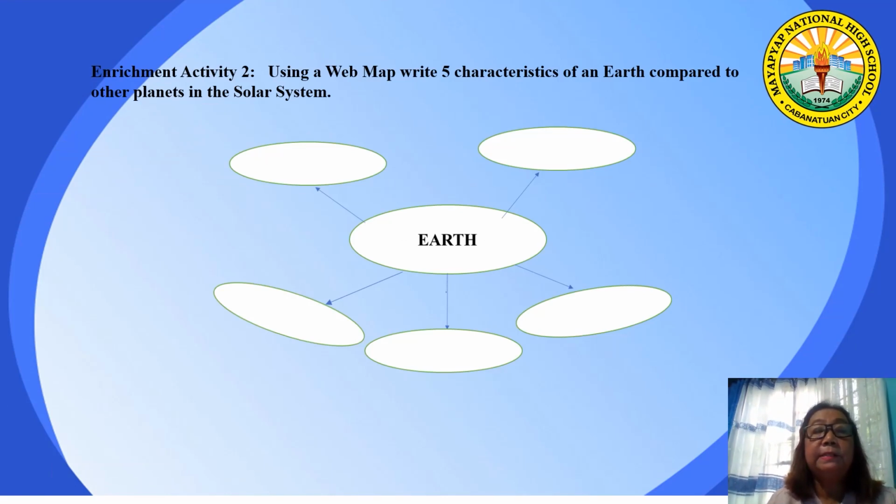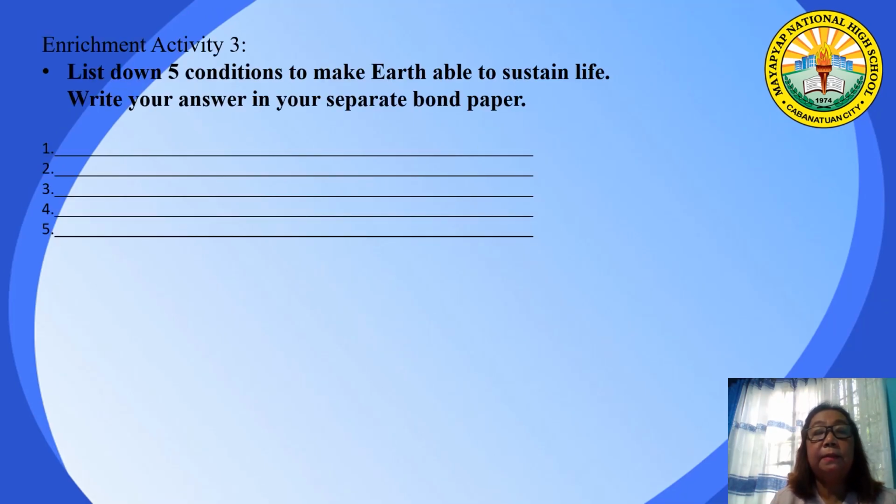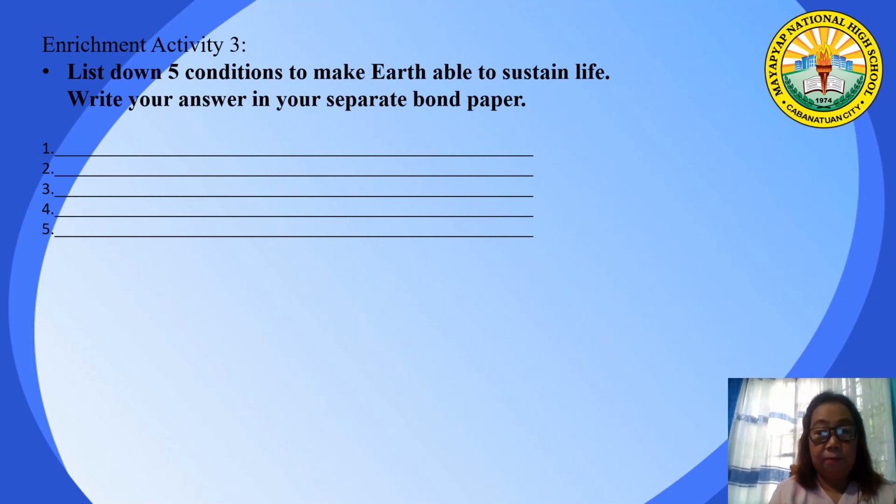For Enrichment Activity number 2, using a web map, write five characteristics of the Earth compared to other planets in the solar system. The center is the Earth, and you write the different characteristics. For Enrichment Activity number 3, list down the conditions that make Earth able to sustain life.